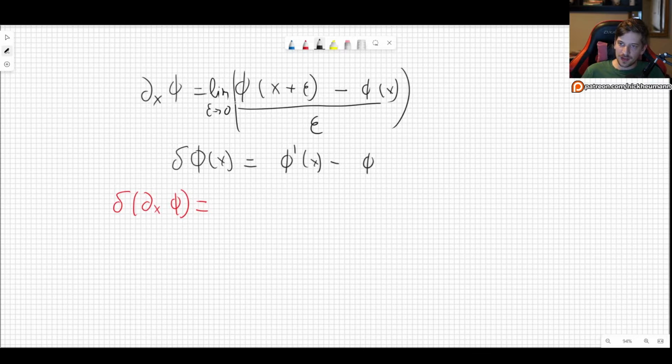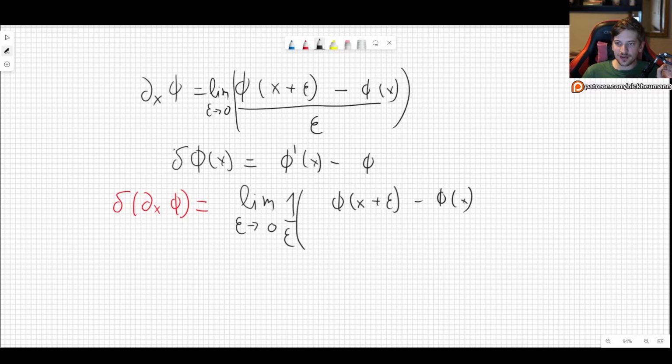So what would be the derivative here? Well, simply what we have up there: the limit as epsilon goes to 0 of phi of x plus epsilon minus phi of x, all of this divided by epsilon. But now we take the variation here. That means we have to add the prime on both of these, since we're taking the variation of both of those. And minus now our regular old thing.